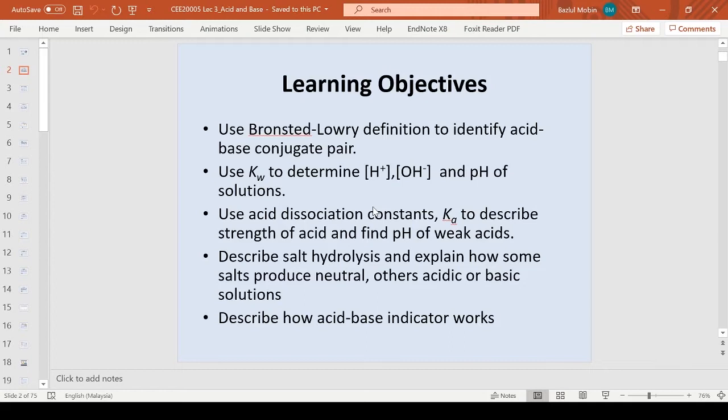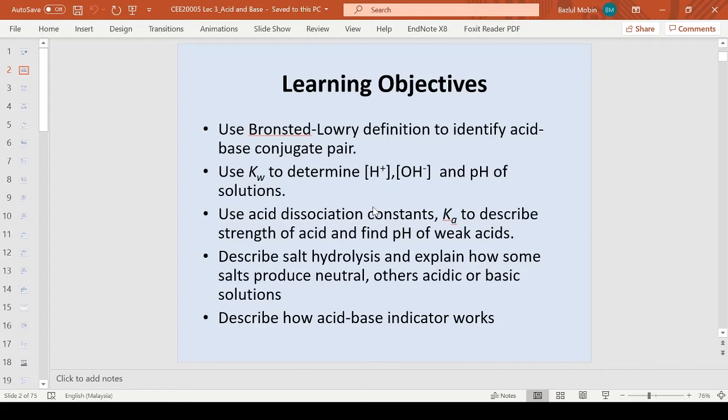Of course, we will define acid and base by this definition, and along with it will come the conjugate pairs of conjugate acid and base. We will see what those are, and also the water dissociation constant, in fact, to determine hydrogen and hydroxyl concentration in the solution, and how to find pH considering that Kw.